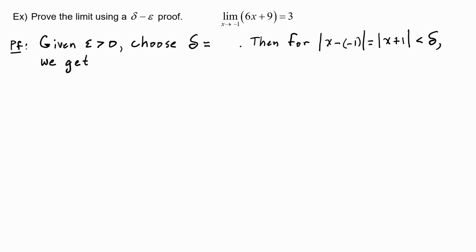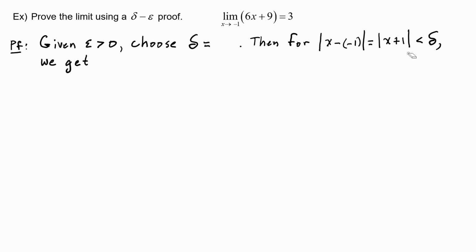So double check your first step there. Make sure that you have given epsilon greater than 0, choose delta equals, and you've left that blank for now. Then for absolute value of x minus -1, or if you didn't choose to write it this way and you went immediately to this form, that's fine too.